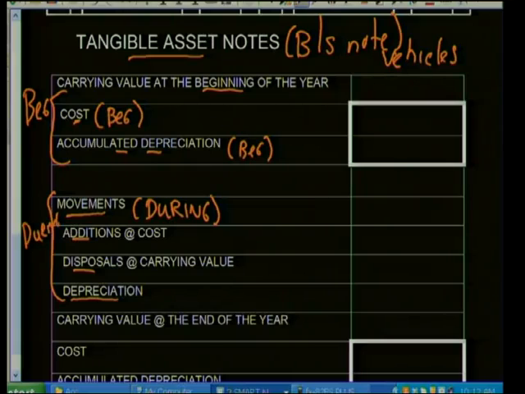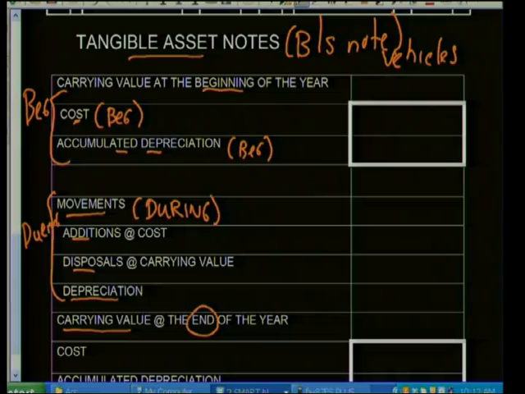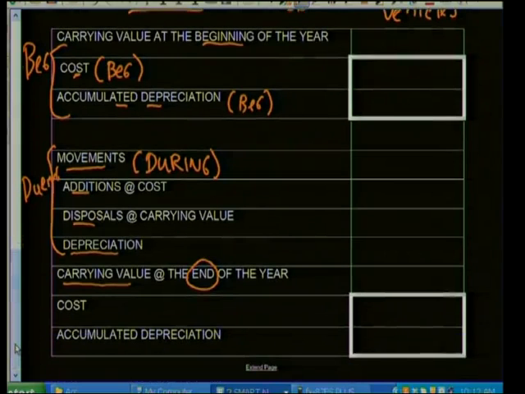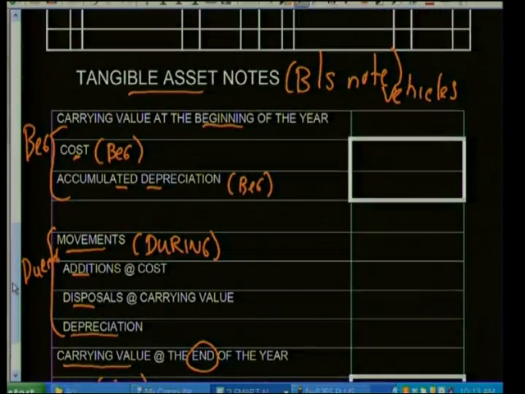And then finally, we're looking at the end of the financial year. So what is your carrying value at the end of the year? In other words, what is the cost at the end of the year? What is your accumulated depreciation at the end of the year? So if you look at this actual note, grade 11s, it's very similar to your general ledger.